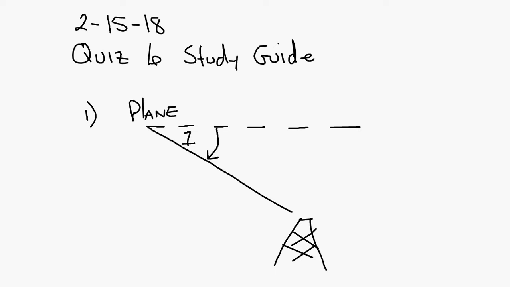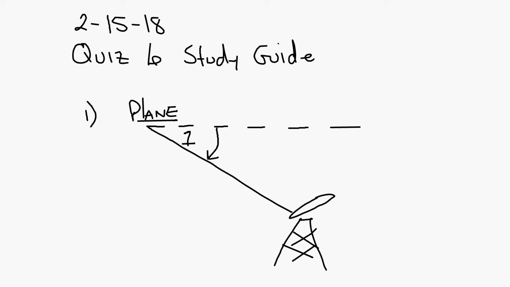So it's an angle of depression from the plane to the radar tower.